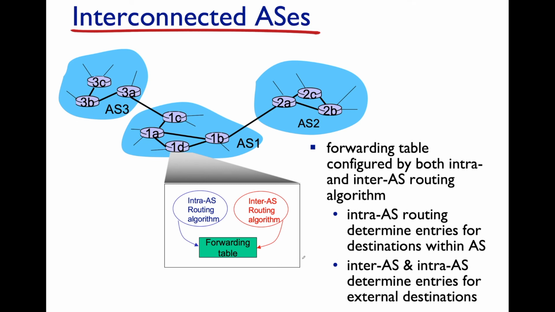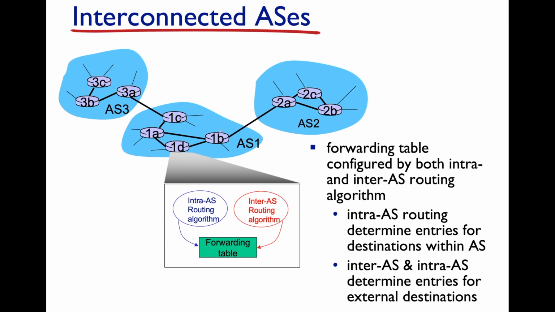Okay, in this picture we have three autonomous systems: AS1, AS2, and AS3. Each one of them has some number of routers. If we consider a single router, such as router 1D in autonomous system 1, it has a forwarding table, and this forwarding table is set by two different routing algorithms. One is the Intra-AS routing algorithm that establishes paths between routers in AS1, and the other is the Inter-AS routing algorithm that establishes paths between the gateways at the seams between autonomous systems.